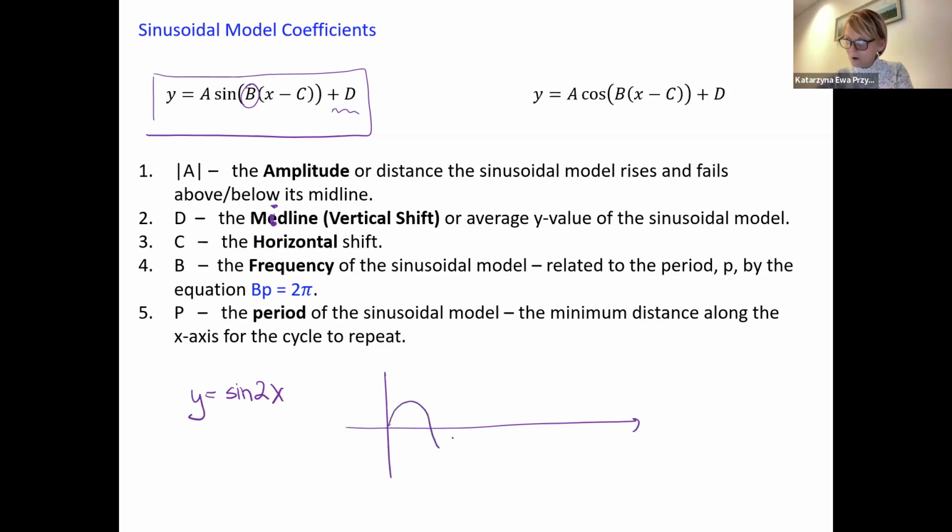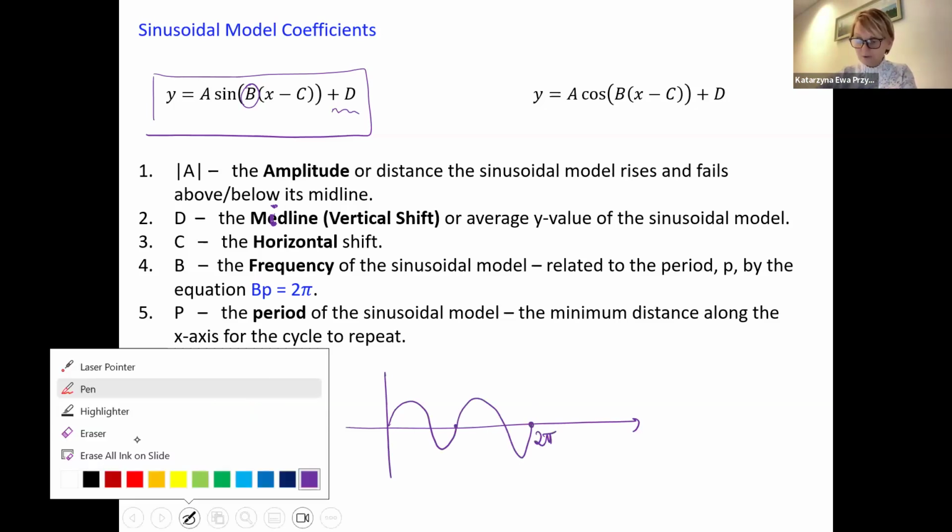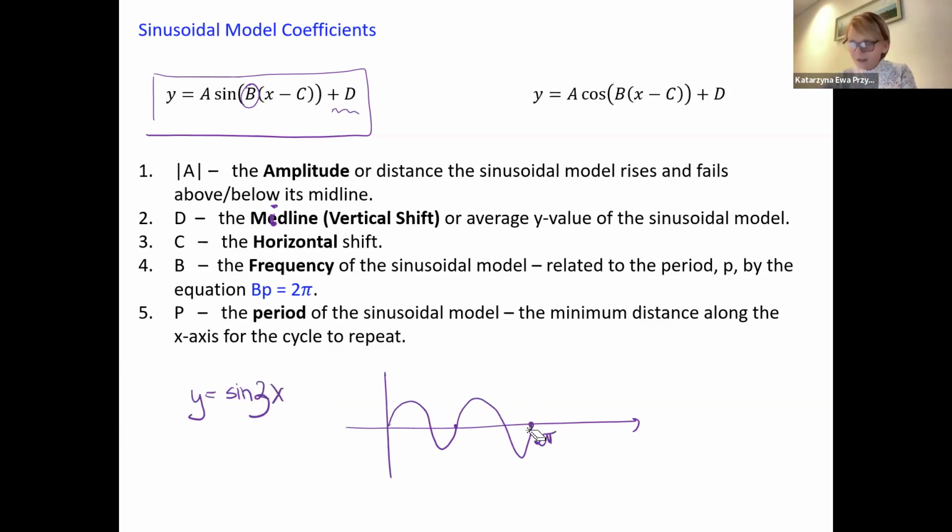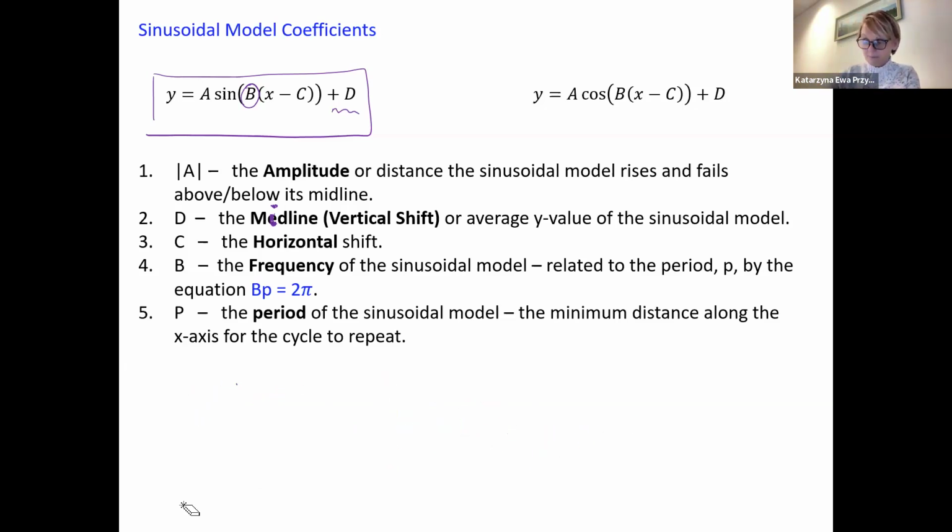That means I will have 1 sine curve, and another sine curve, and this will be 2 pi. If this is 3, I have to squeeze 3 sine curves. Okay, that's the frequency. But what is helpful to know?